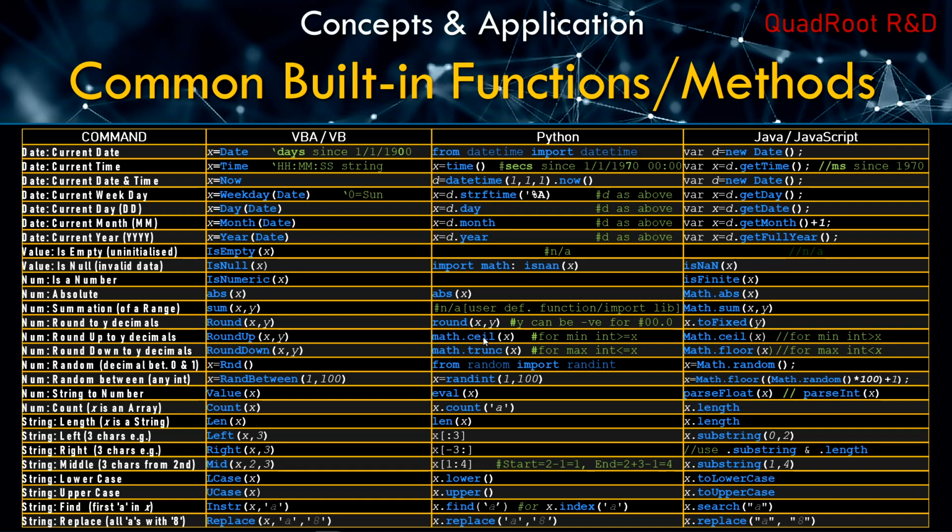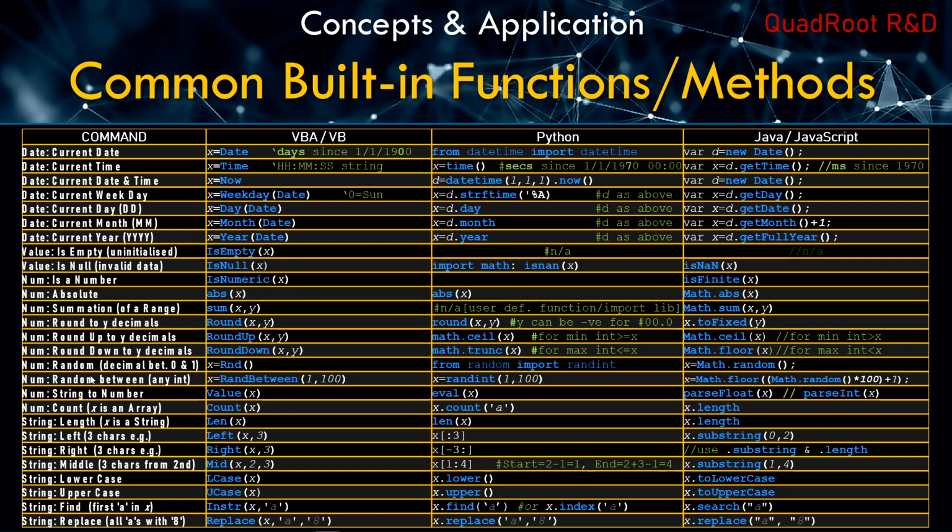So you can round up to the nearest integer, or you can round down by truncating to the nearest integer. So if it's 5.432, then the ceiling will be 6 and trunc will be 5. Same for Java and JavaScript. But for VBA, you can round up to a certain decimal place. So 5.432 rounded to the first decimal is 5.5 and 5.4.